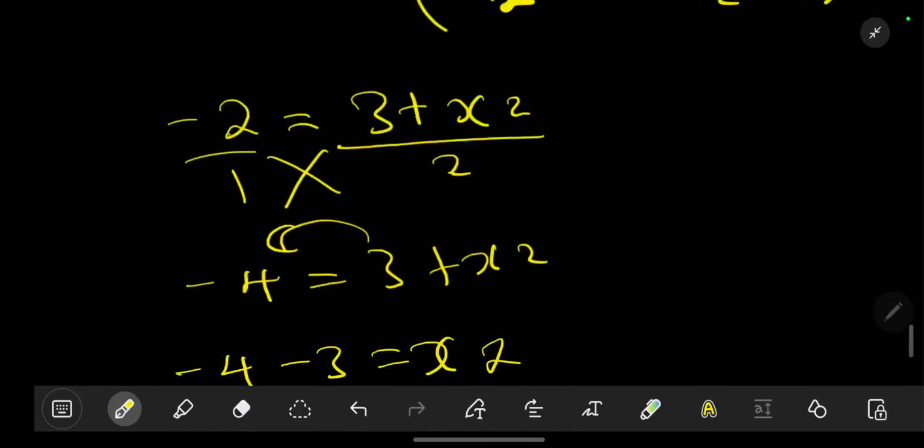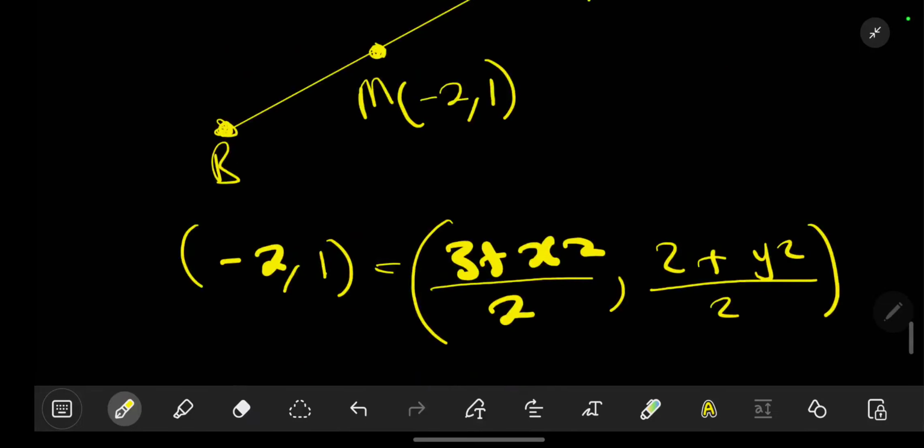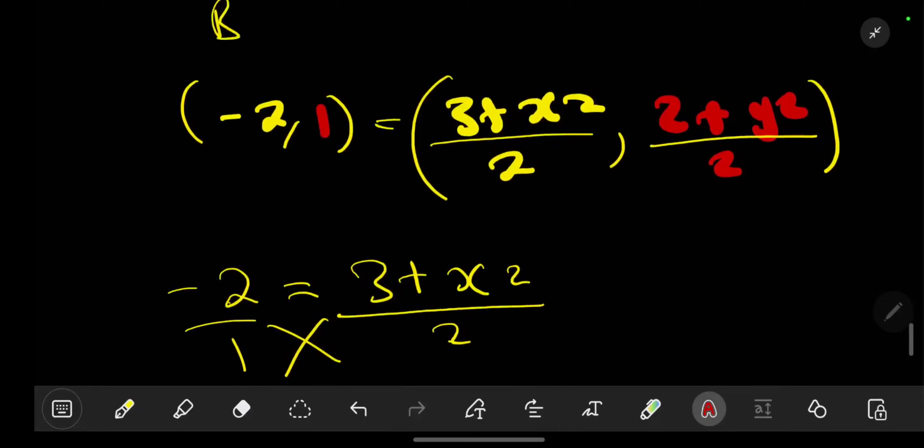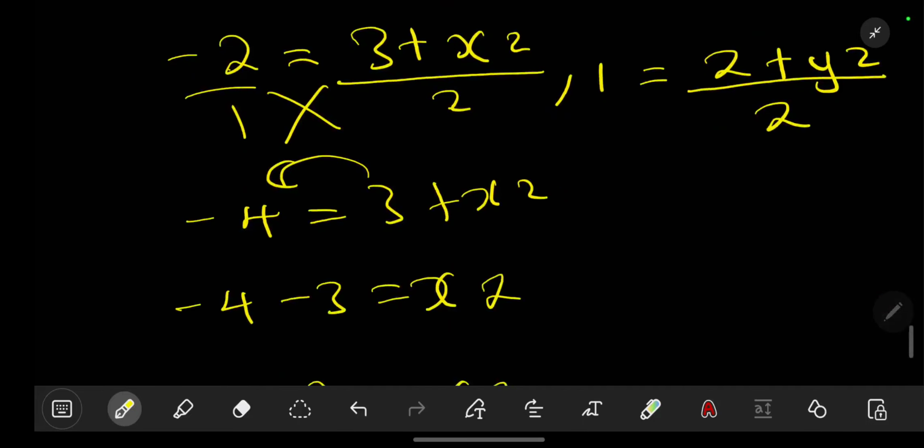Then you are going to do the same. You are going to get this +1, equate it to that. So whatever you are going to get here is the one that is producing this 1. So you are going to say 1 should be equal to 2 plus y2 over 2.